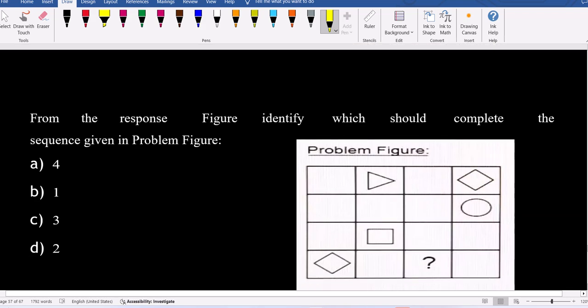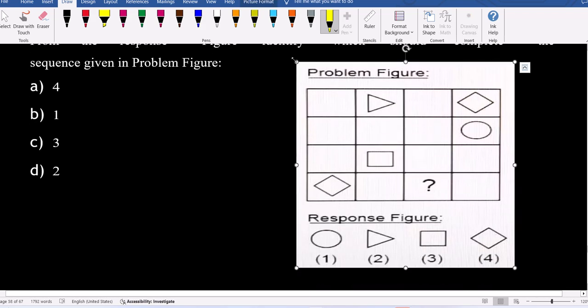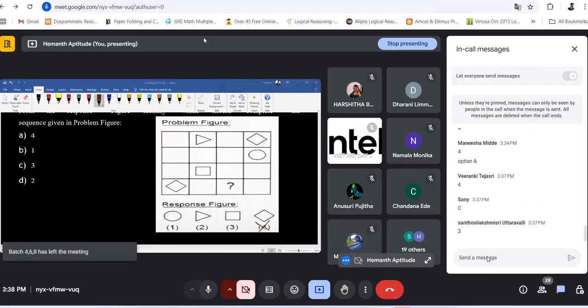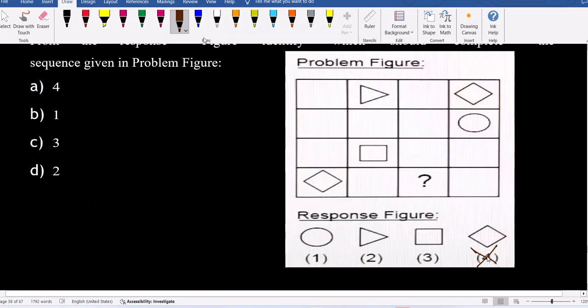Next one I'll give time for you. Guys, you practice. I think the screen is visible for you. And everyone knows this rhombus shape is eliminated. Now, what else? For this question, third option, option C, means 3.